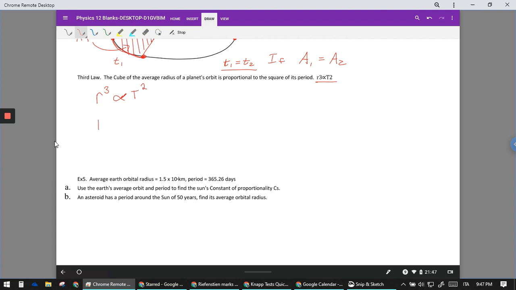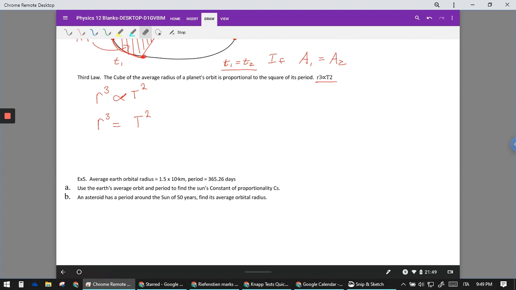Basically, it can be replaced with an equal sign, and you can multiply one of these two things by some sort of constant, meaning that they maintain a ratio.